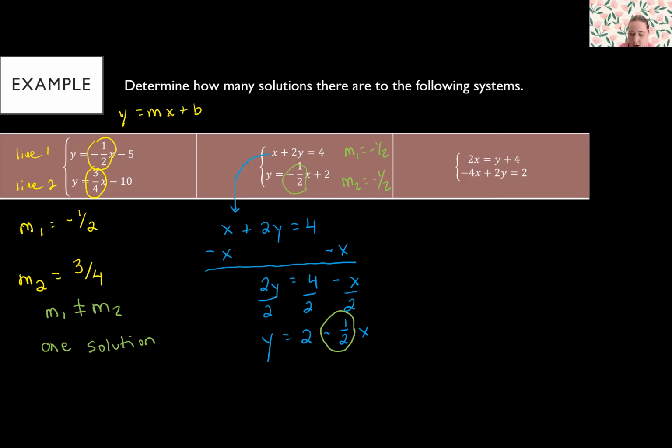So we have y equals -1/2 x plus 2. And then we have y equals 2 minus 1/2 x. So what are the y-intercepts?